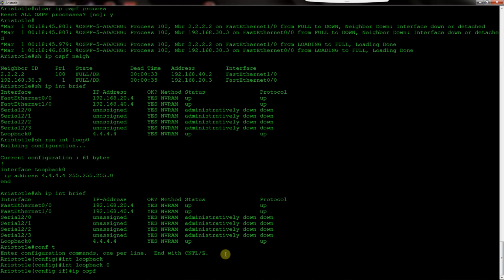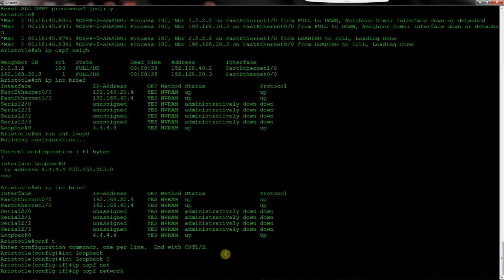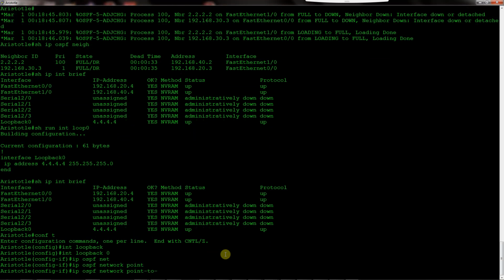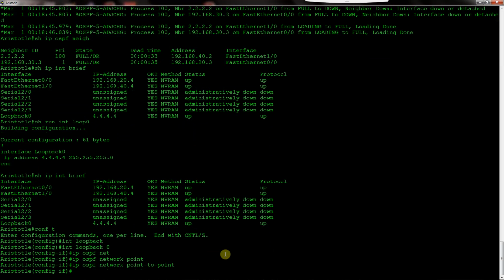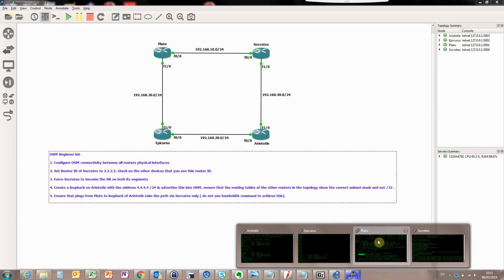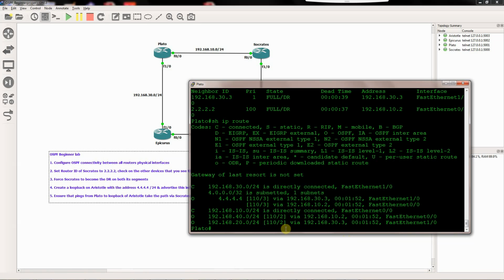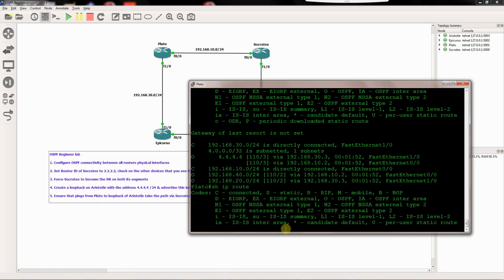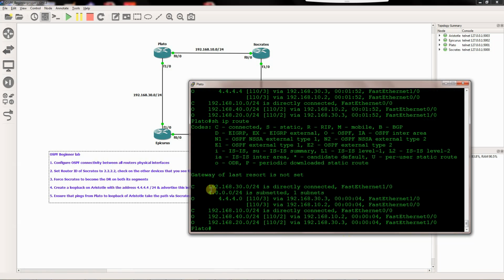So it's IP OSPF network point-to-point. Okay. Now if we go across to any other device, go back to Plato, you'll see now that the 4 network is being advertised correctly with a /24.